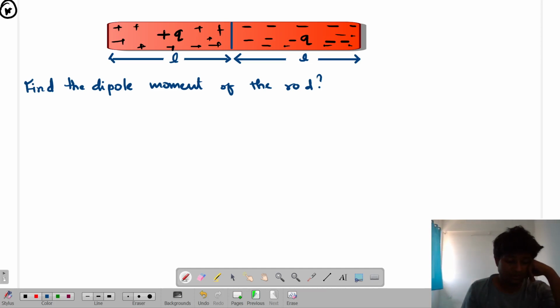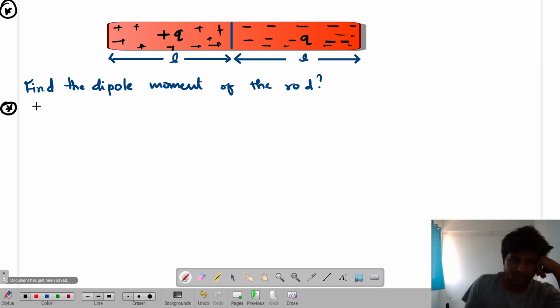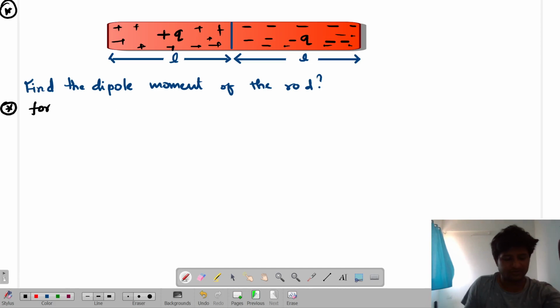Okay, so I'll tell you one thing. There is a way to do this. Is it a continuous body or not? Yes. So wait, do not take tension. Remember that there is a trick for this, because we do not require such kind of integration and all.